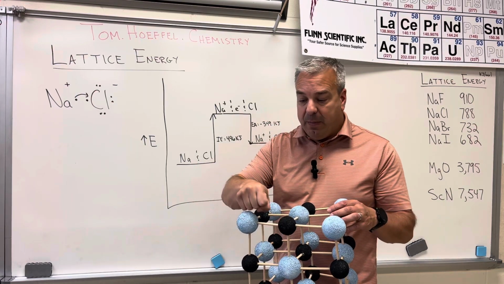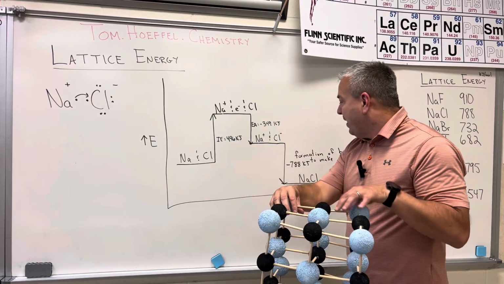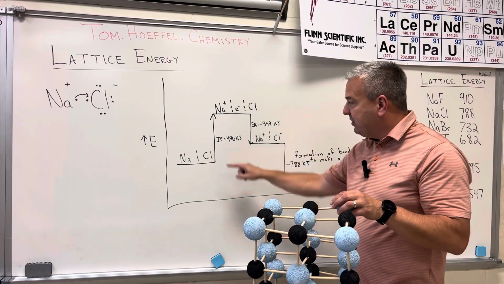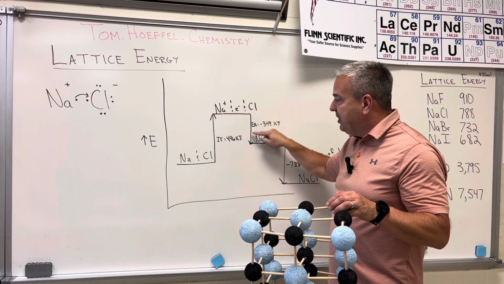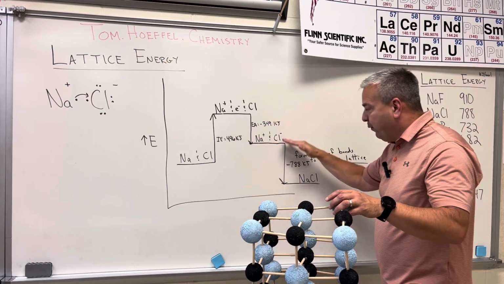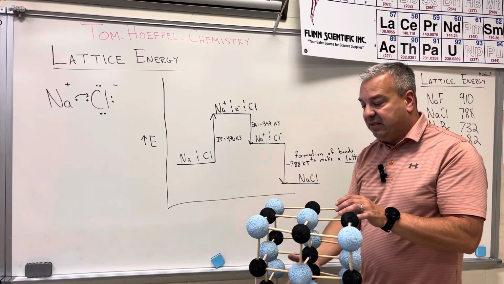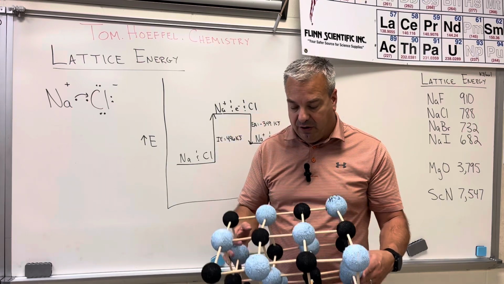It's the formation of bonds that releases the energy, and that's why I have negative numbers here, because it's releasing energy. So it requires energy to remove an electron. Energy is released when an electron is added to the chlorine, and then the formation of all these bonds releases some more energy, and that's what makes this sodium chloride so stable.